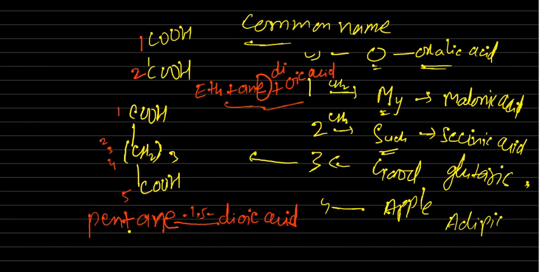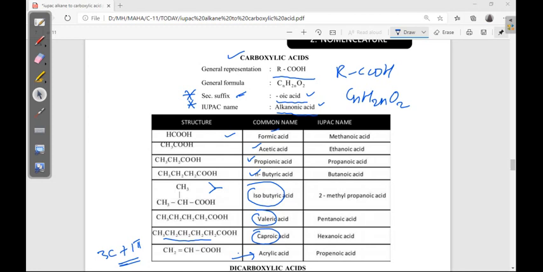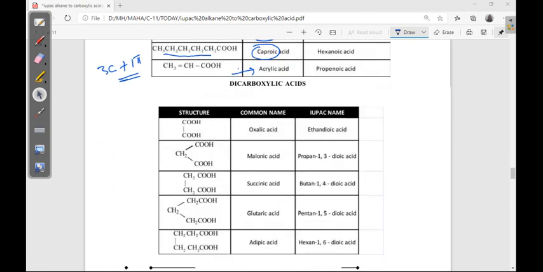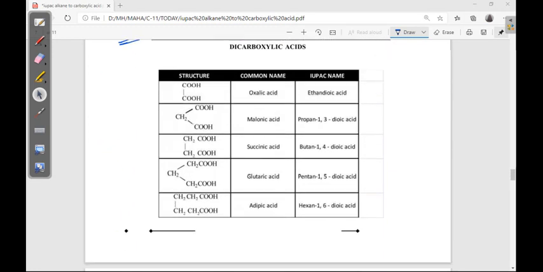Like this, you can write dicarboxylic acid nomenclature very easily. I told you oxalic acid, malonic acid, succinic acid, glutaric acid, adipic acid as common names. In the case of IUPAC, it is very simple: you take the numbering 1 to 6. Hexane, you can write the last E also: hexane 1, 6 dioic acid.